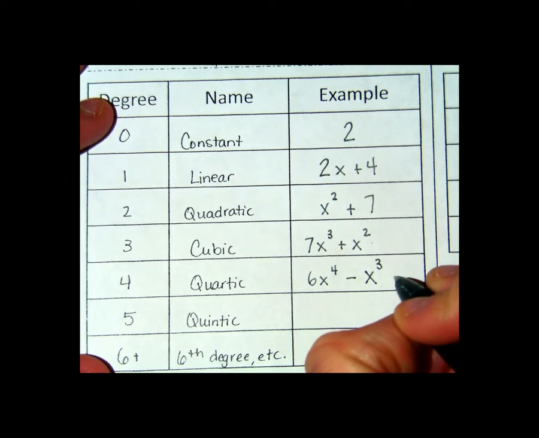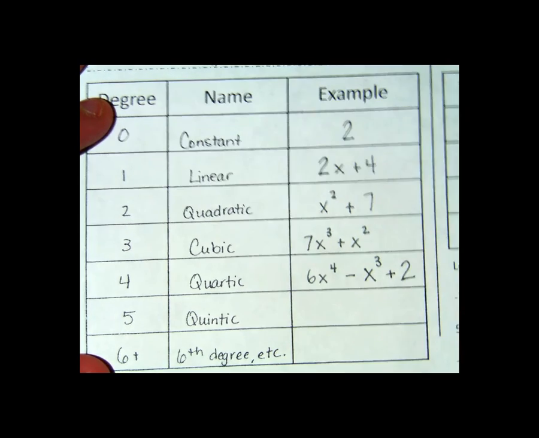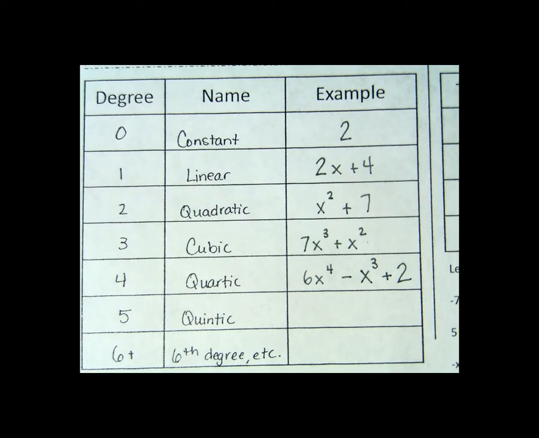And what did you say, Braden? Plus 2. We can keep adding to it. It doesn't matter as long as your highest exponent is the 4. There, that still makes it quartic. Okay. Quintic. Exponent of 5.